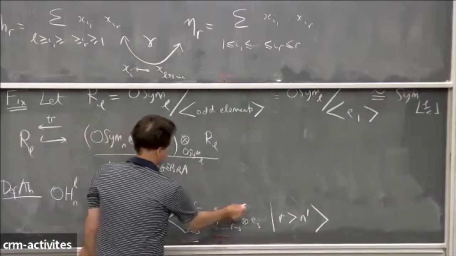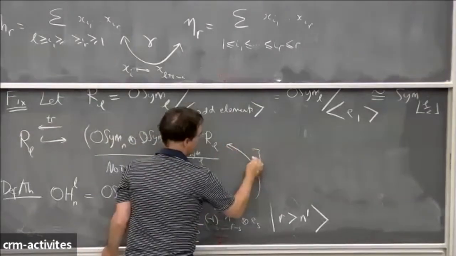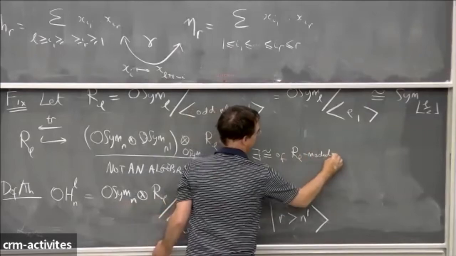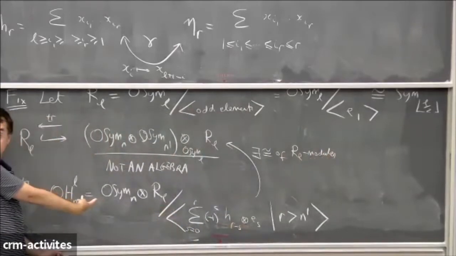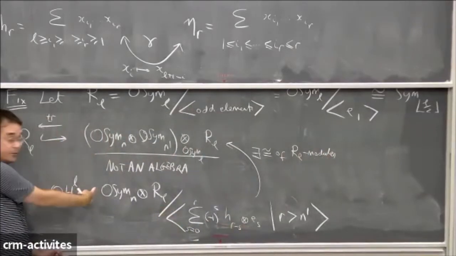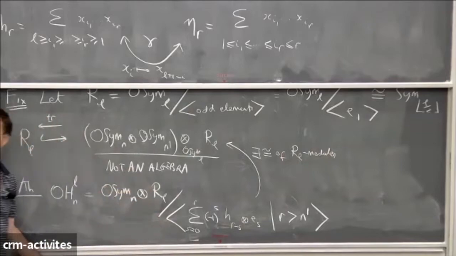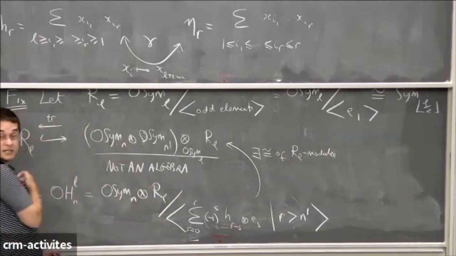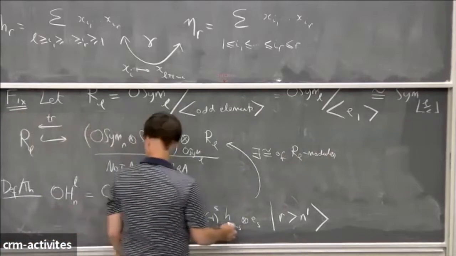And then it turns out that there's an isomorphism of RL modules between, now this is an honest algebra, right? I've taken an RL algebra, this guy, and I've quotiented out a two-sided ideal. It turns out this is exactly isomorphic to this as an RL module. The isomorphism is the obvious thing.